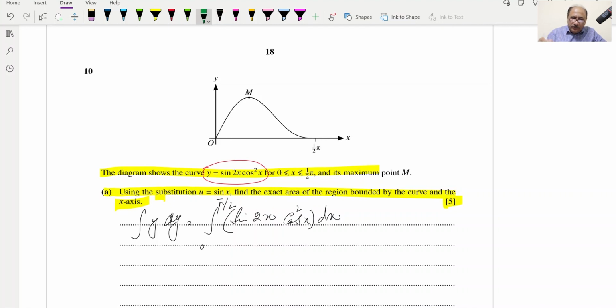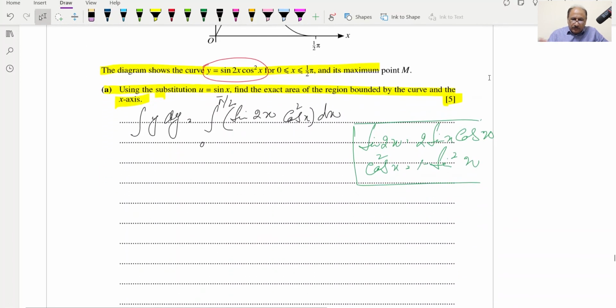Now we will be using two formulas. One is sine 2x is equal to 2 sine x cos x, and the other formula is cos square x is equal to 1 minus sine square x. So these two formulas we will be utilizing further.